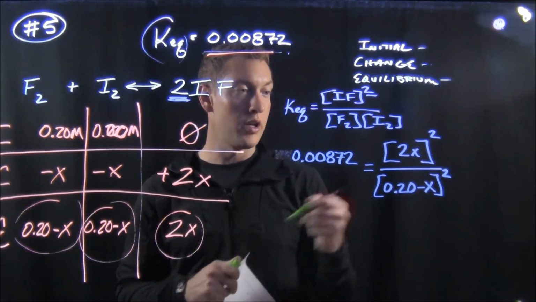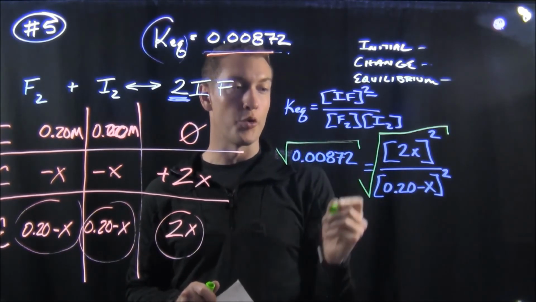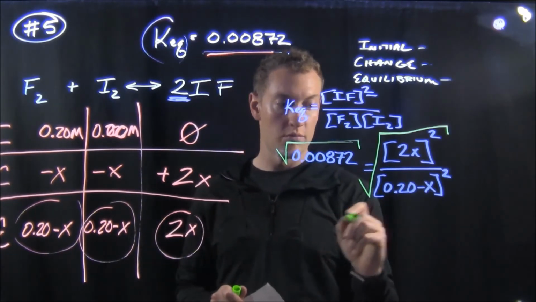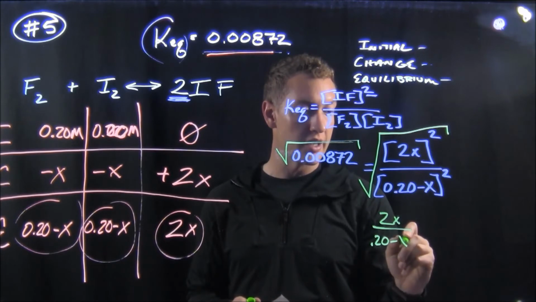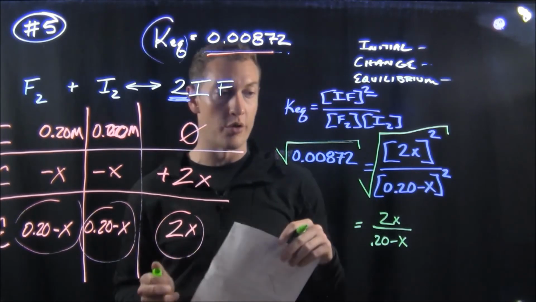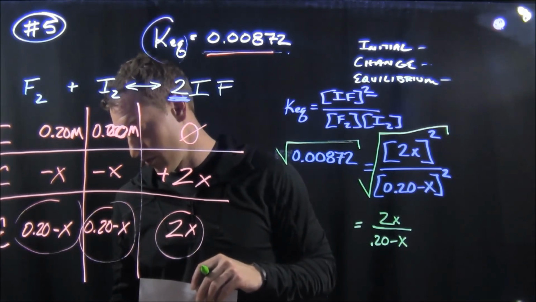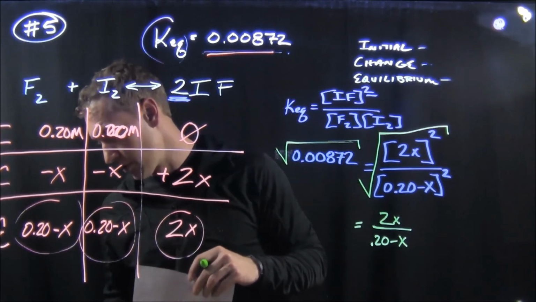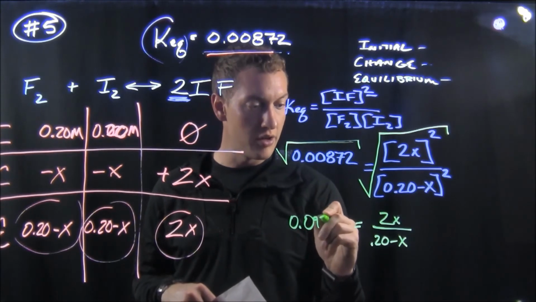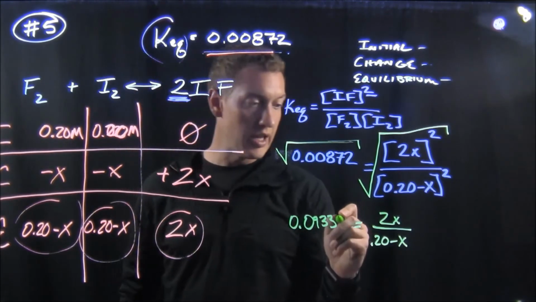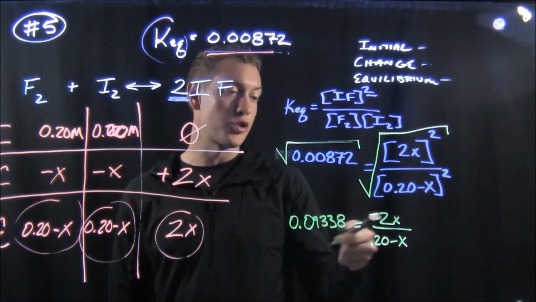Because now I can take the square root of both sides and I get 2x over 0.20 minus x is equal to whatever the square root of 0.00872 is, which is 0.09338. And we'll multiply the 0.2 minus x over, distribute that out.